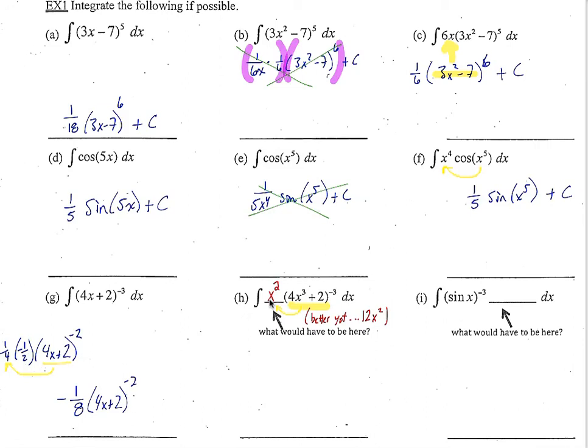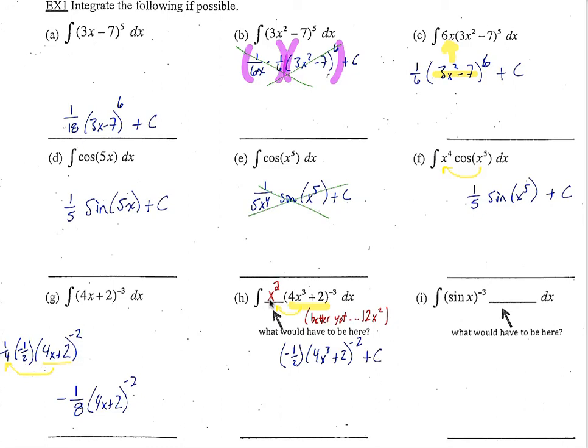And we'll do the antiderivative here. And you should be getting more comfortable with doing these. This is going to be 4x cubed plus 2 inside function to the negative second, negative 1/2 out in front to balance the coefficient.